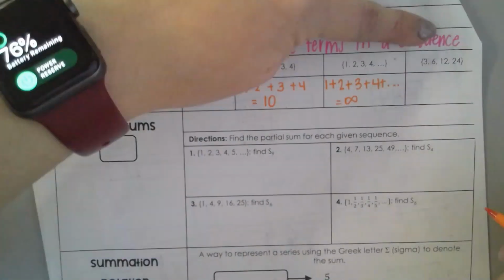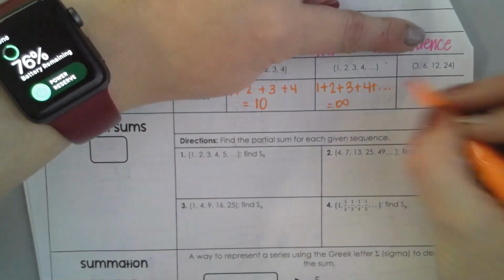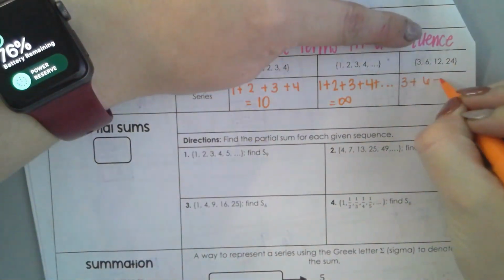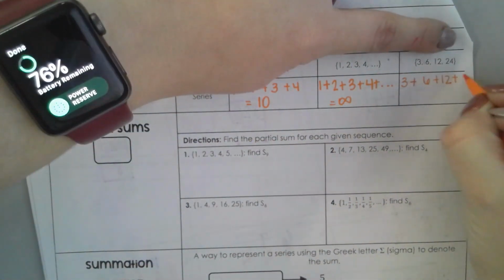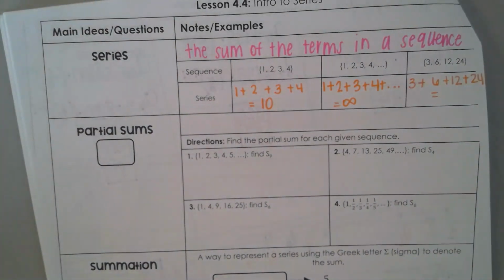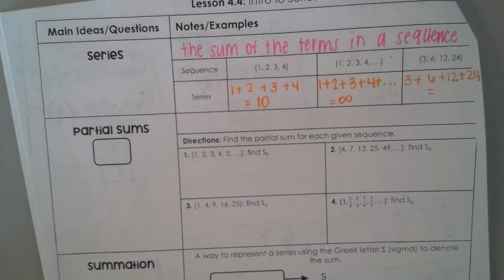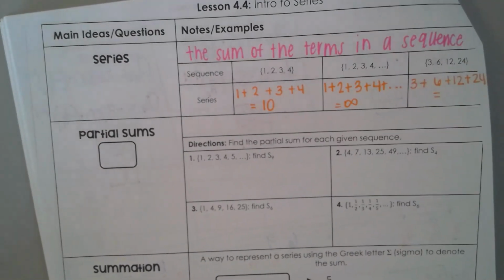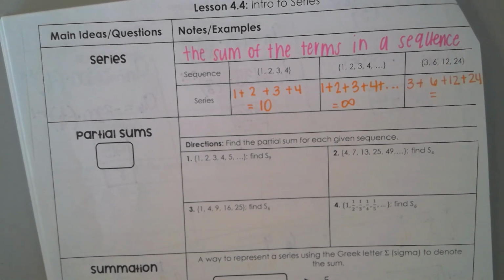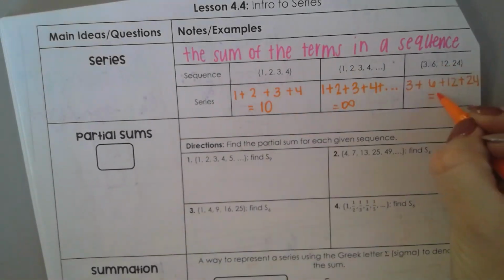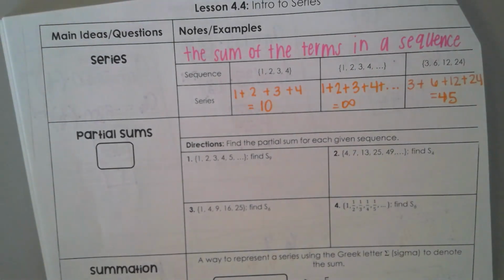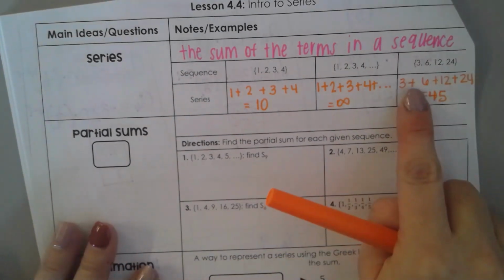So to turn it into a series, I would put 3 plus 6 plus 12 plus 24. We add, and you get 45.